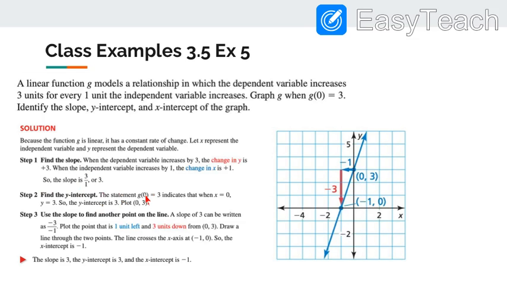We were given that our input was 0, and our output was 3. That gives us our y-intercept already, which is 0, 3. Our x-intercept, as we went back 1, down 3, got us to a point of -1, 0, and this is also a point that would work when we plug it into the equation.